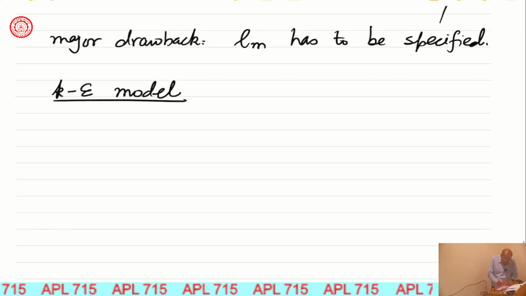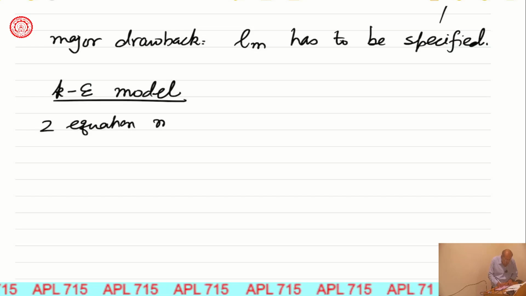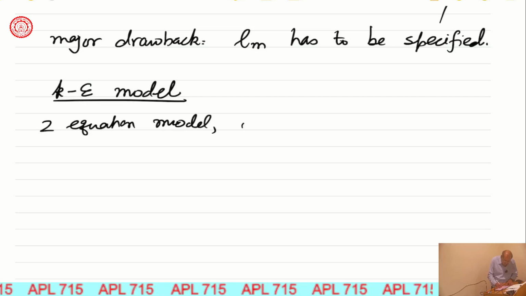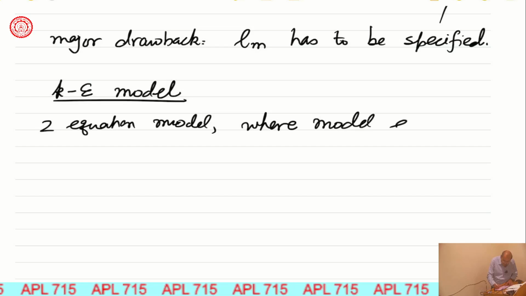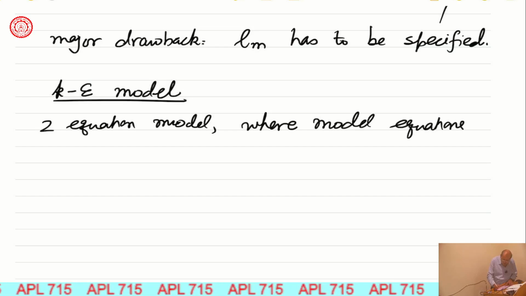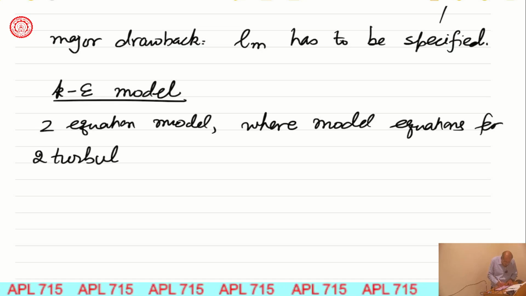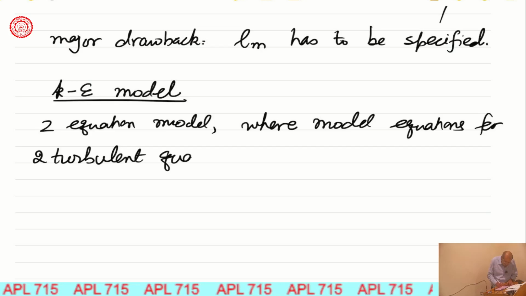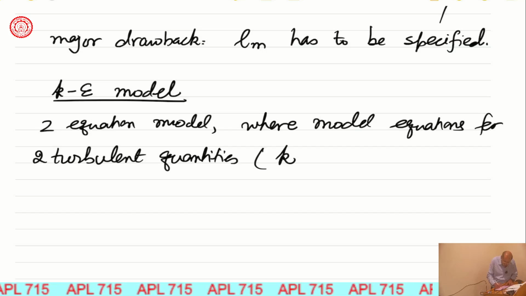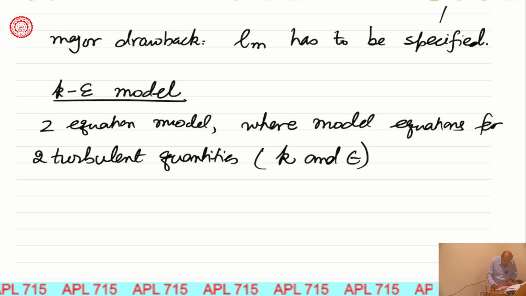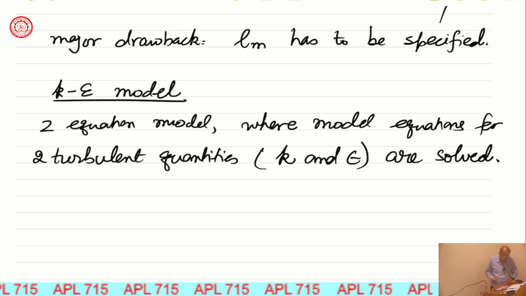In K epsilon model, we call it a two equation model, where model equations for two turbulent quantities are solved.